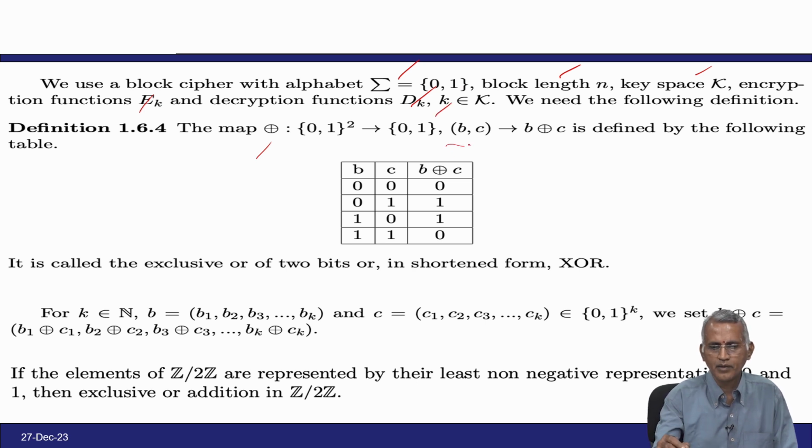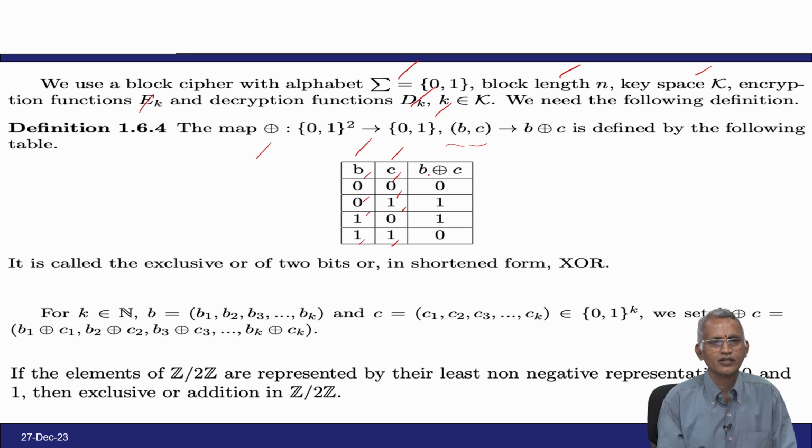If you take b, c, it maps to b XOR c, defined by the following table, the truth table for b and c: 0,0; 0,1; 1,0; 1,1.